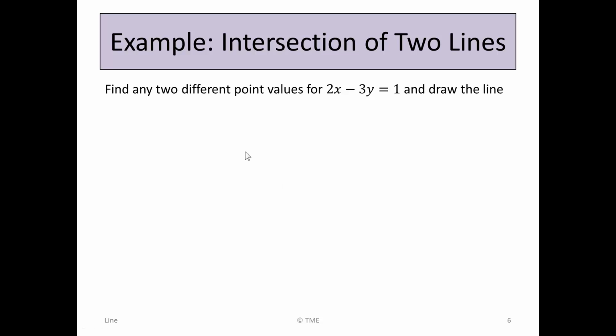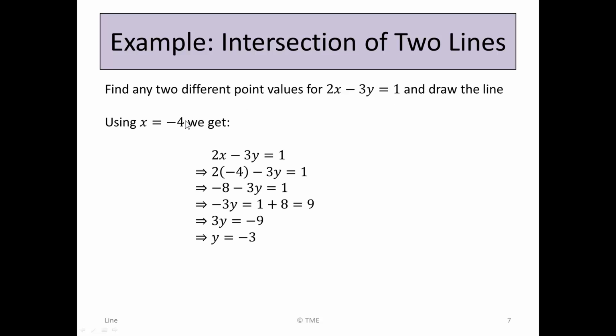We'll now do it by drawing the lines. Find any two different points for 2x minus 3y equals 1 and draw the line. We'll start with x equals minus 4. 2 times minus 4 minus 3y is 1.